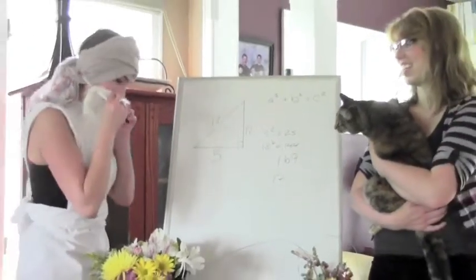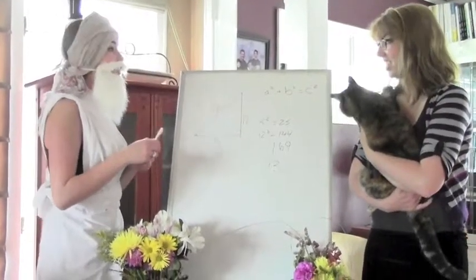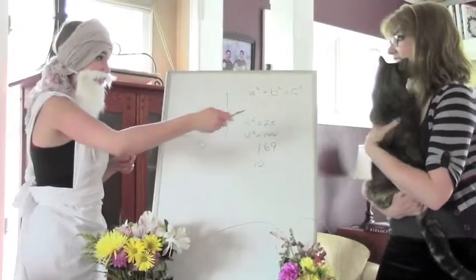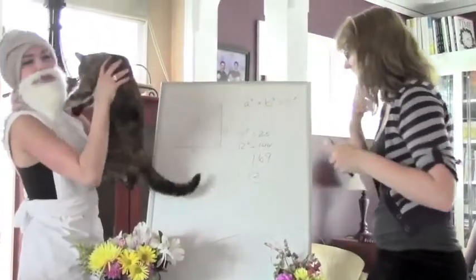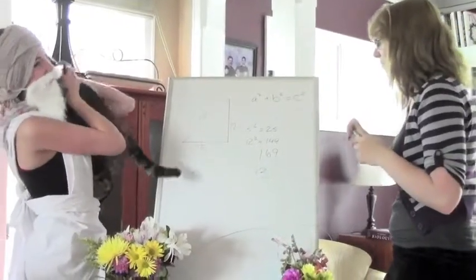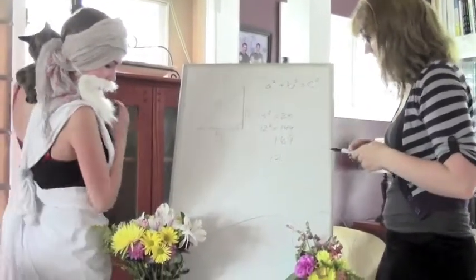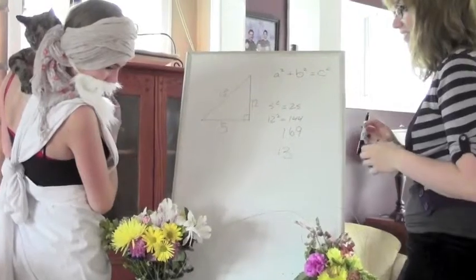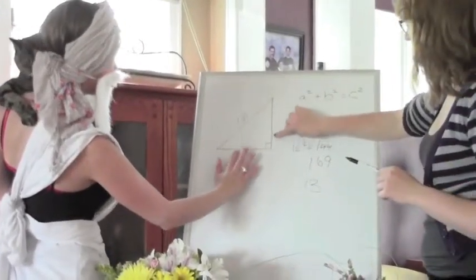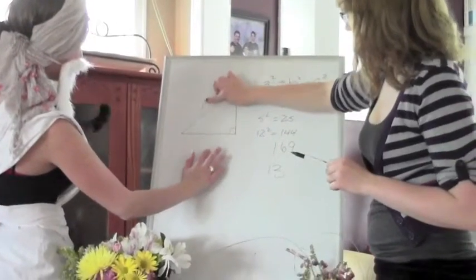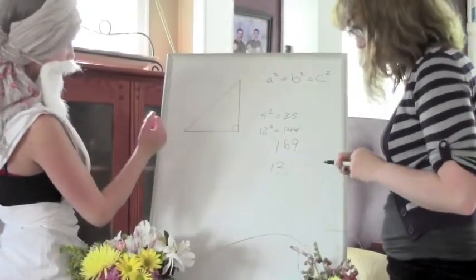Okay, so now I'm going to have you try another easier one, and then we'll try a harder one. What am I trying? Okay. Should we erase this? Should I just do 4 and 5?